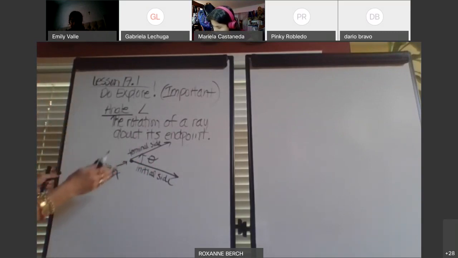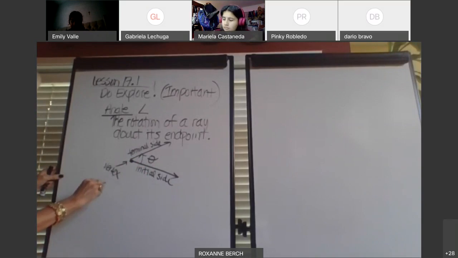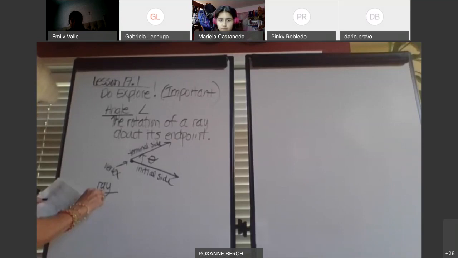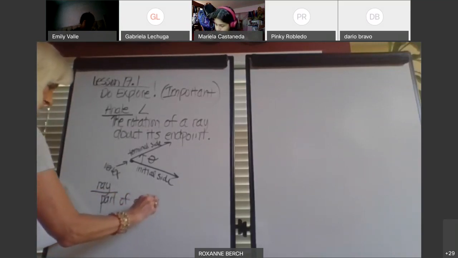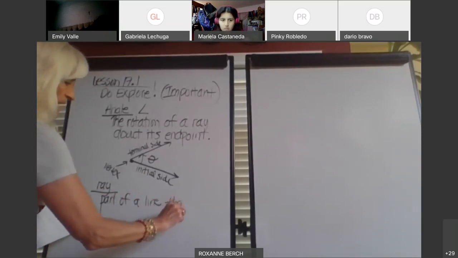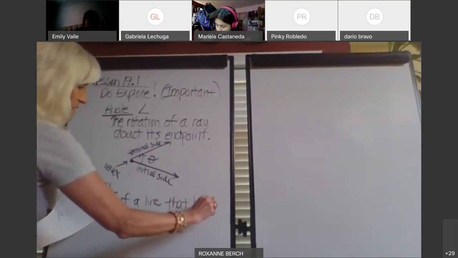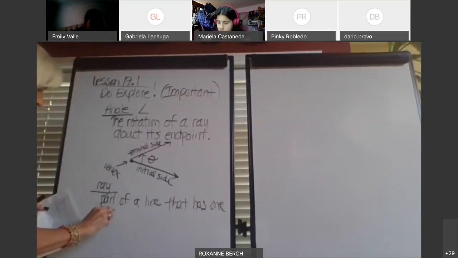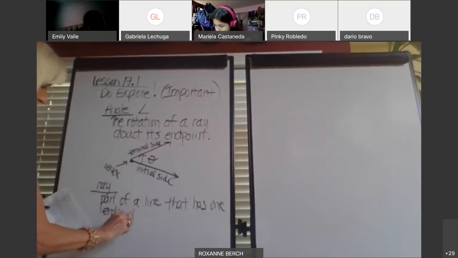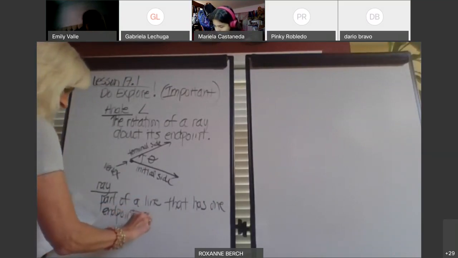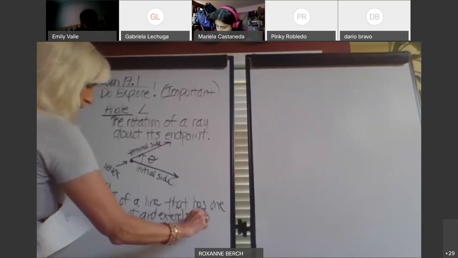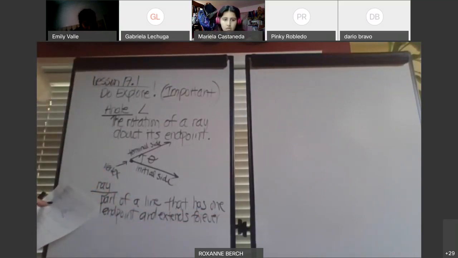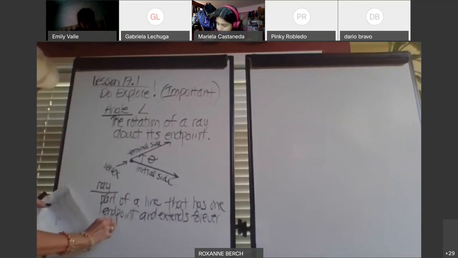So with that, I'm going to break this down a little bit. The definition of a ray: it's the part of a line that has one endpoint and extends forever in the opposite direction.